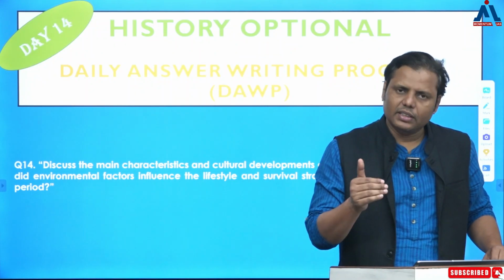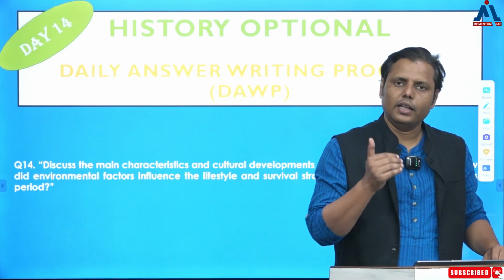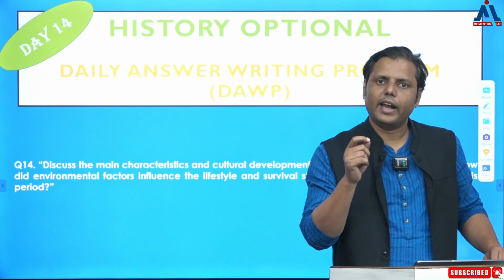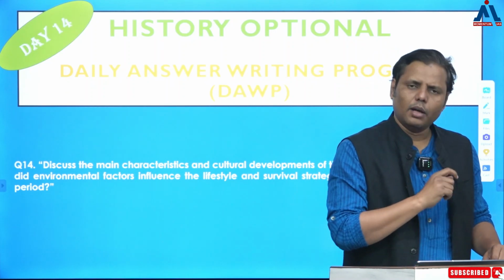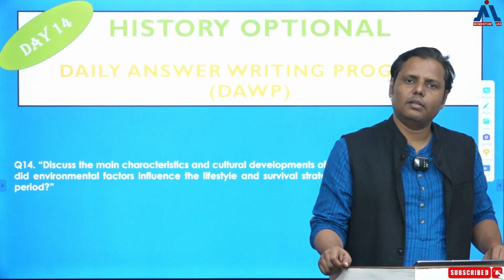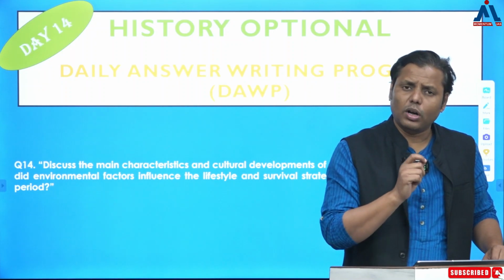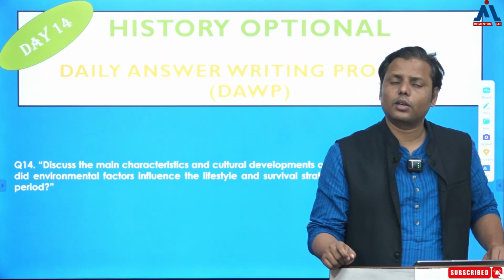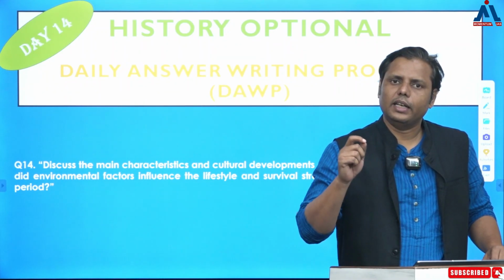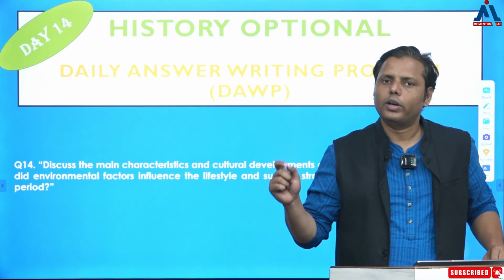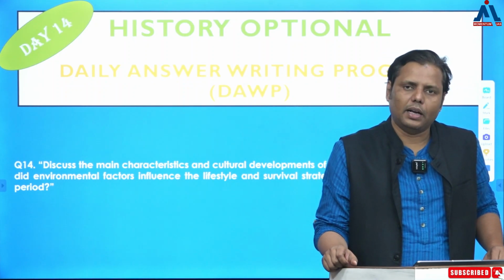And that can be further divided: the Lower Paleolithic from 1.38 million to 1 lakh years ago, the Middle Paleolithic from 1 lakh years ago to 40,000 years ago, and then from 40,000 BP to 10,000 BP is considered to be the Upper Paleolithic.